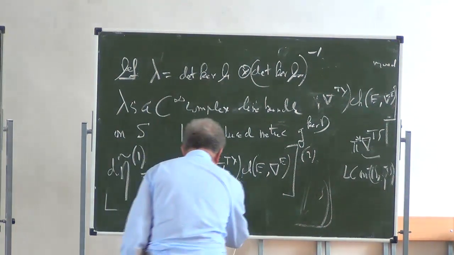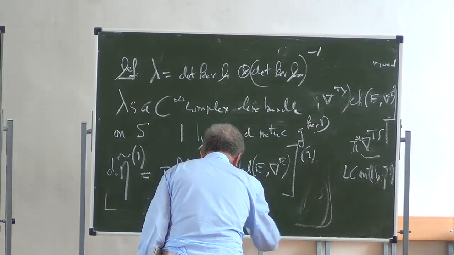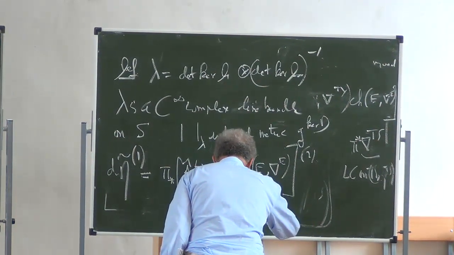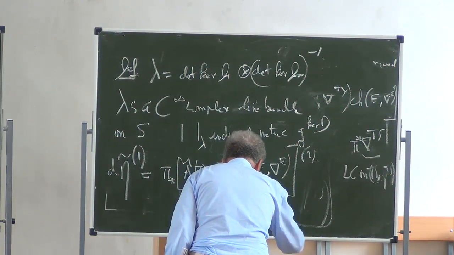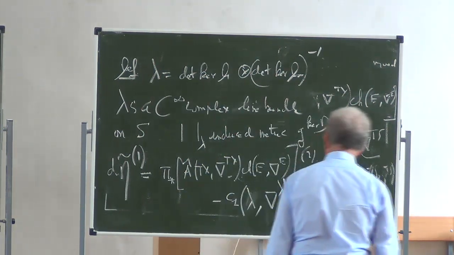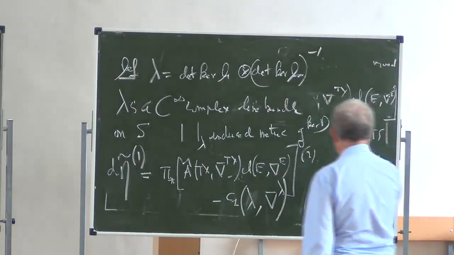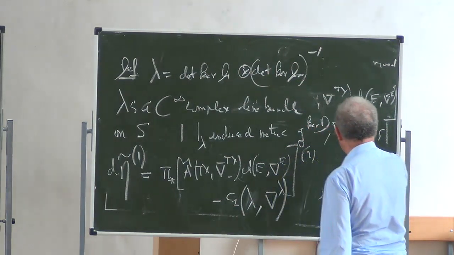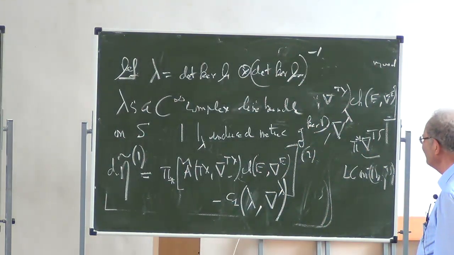This will just be minus C1 of this bundle lambda equipped with the corresponding connection. Maybe I should have said that since there is a connection on the kernel of D, there is a corresponding connection on the line bundle.